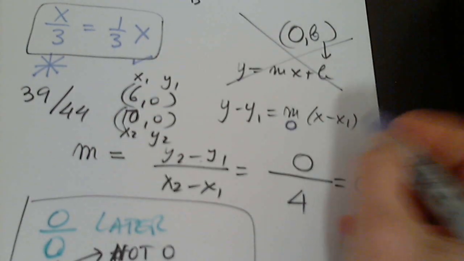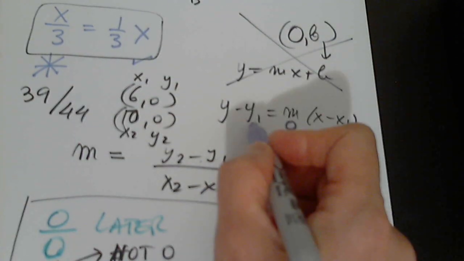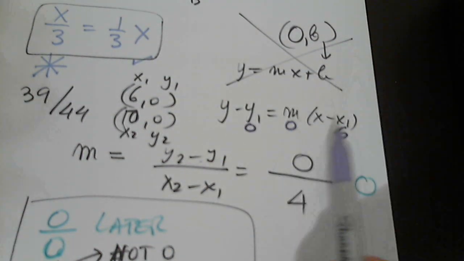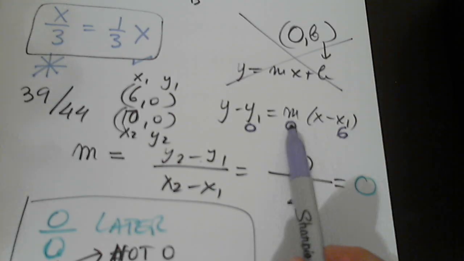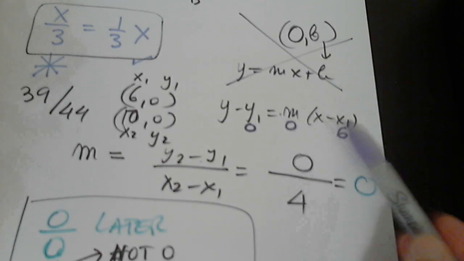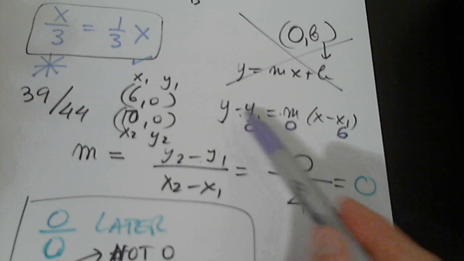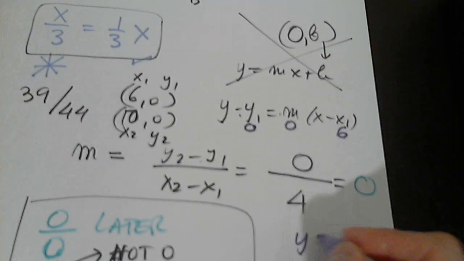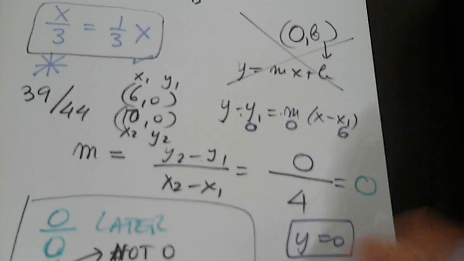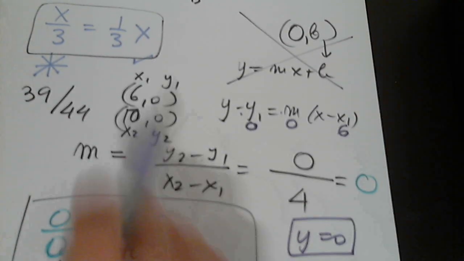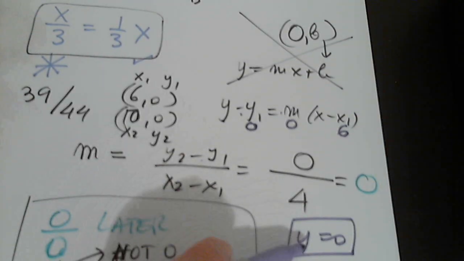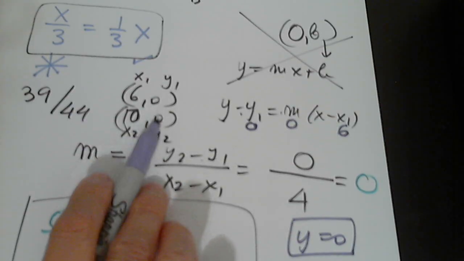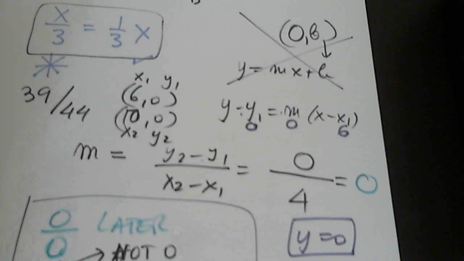I have 6 for x and 0 for y. So 0 times 6 is 0. y minus 0 is 0, so then y equals 0. Which we knew. We didn't have to do any of this because there is only one line where both points have y equals 0, and that is y equals 0.